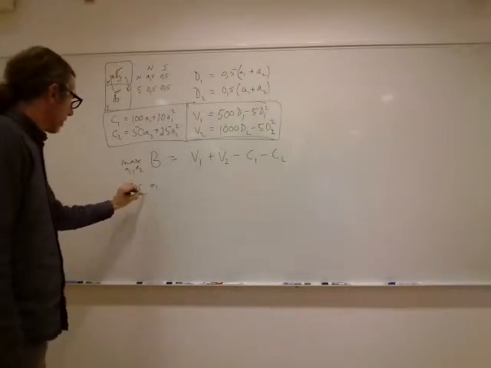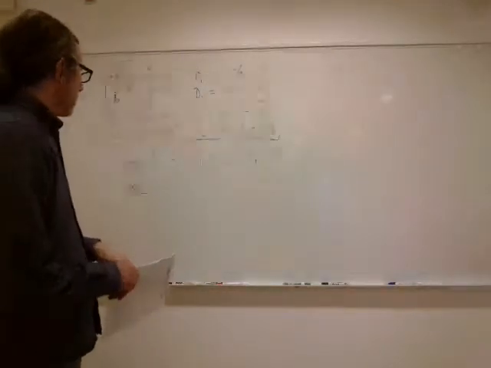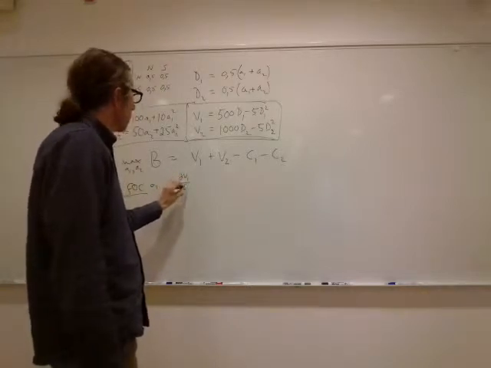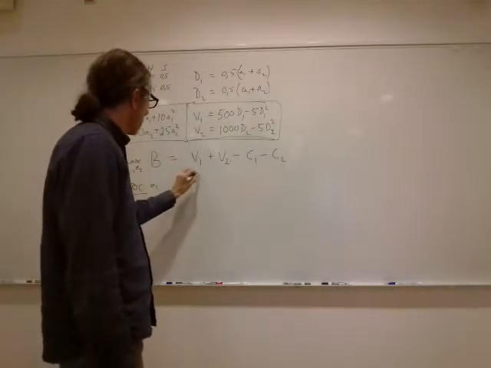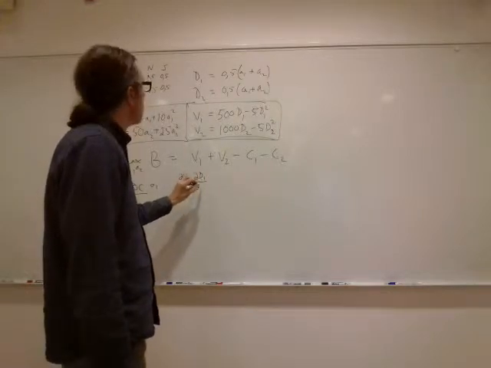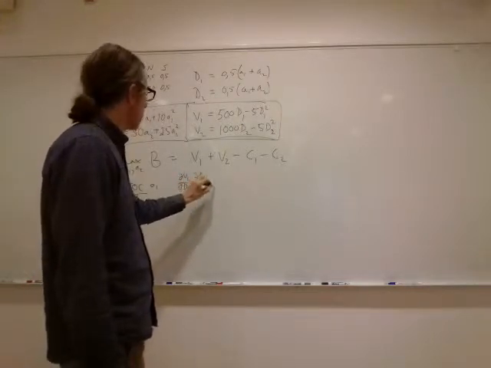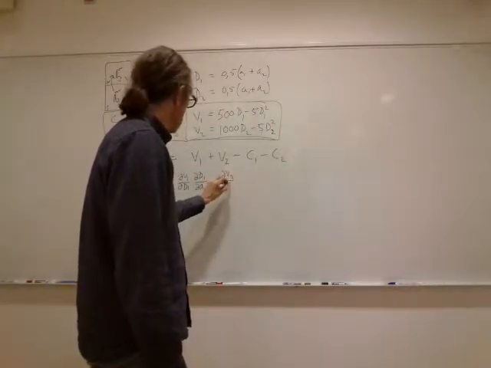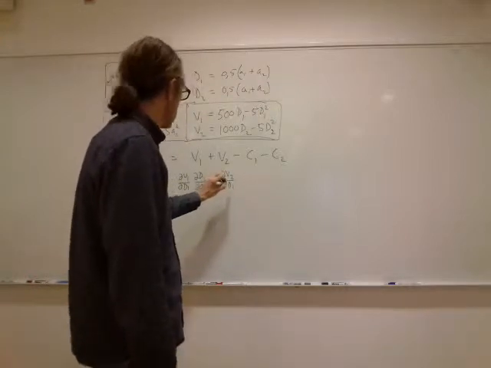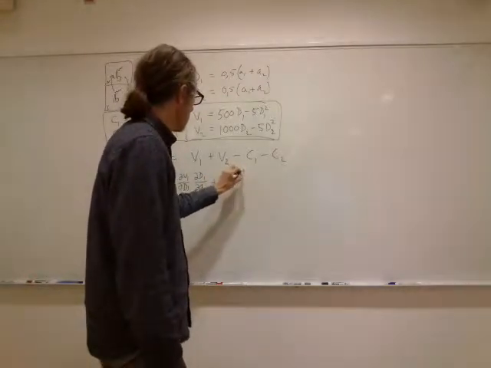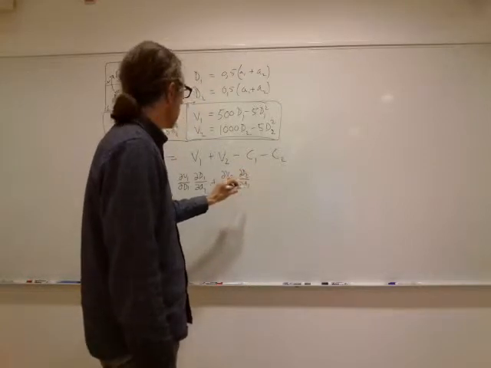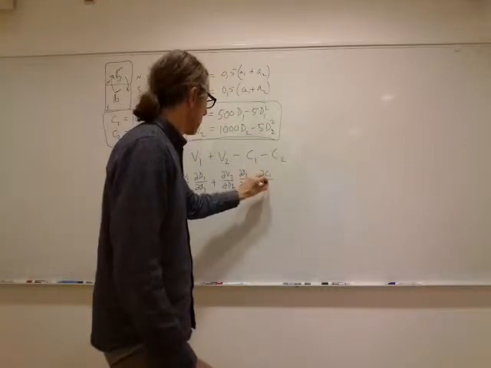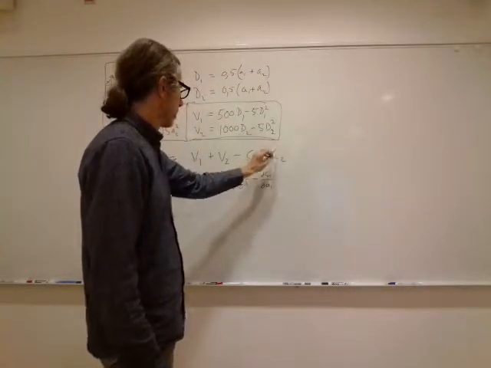So the first order condition in A1 tells us that dV1/dD1 times dD1/dA1 plus dV2/dD2 times dD2/dA1 minus dC1/dA1 equals 0, and this one goes away.